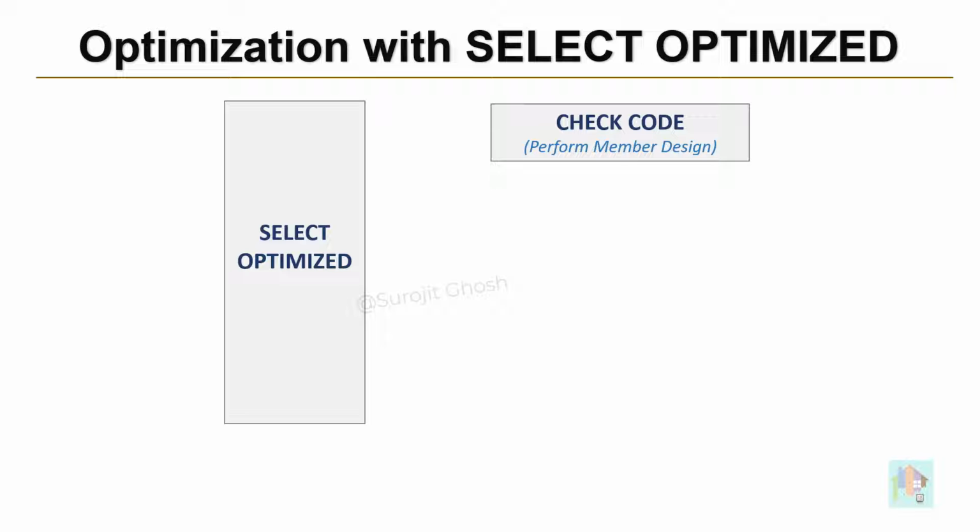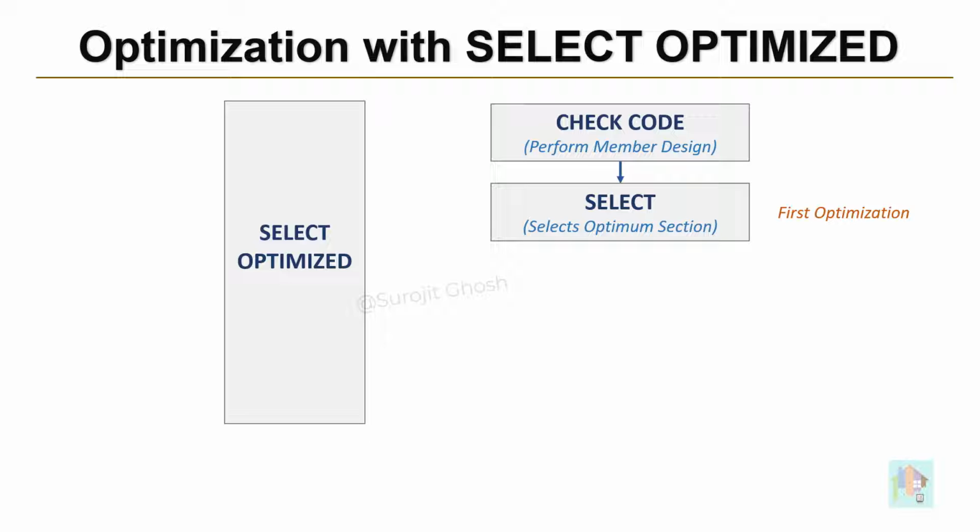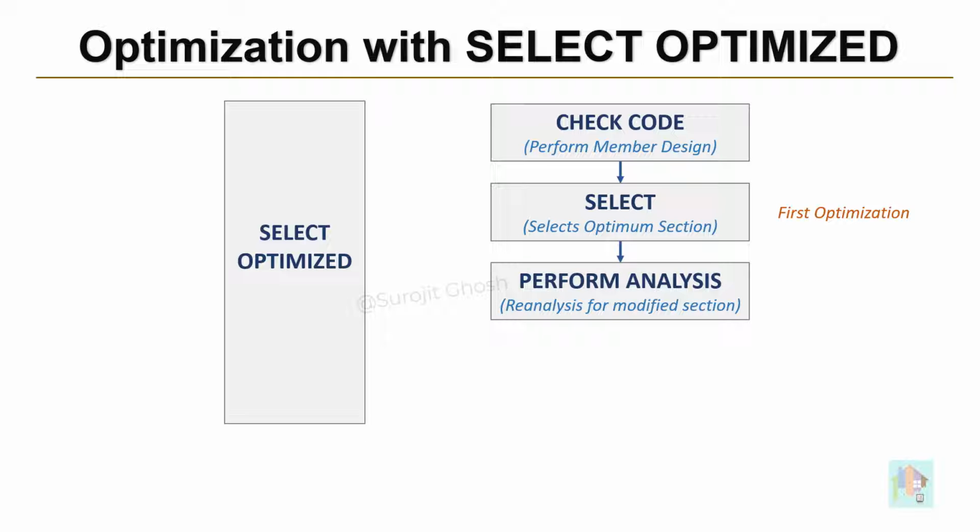ratio. Next, optimum section is determined using select command. After the section selection, program reanalyzes the structure. This is same as select plus perform analysis command that we have used till now. But in this case, we don't have to provide the reanalysis command manually.